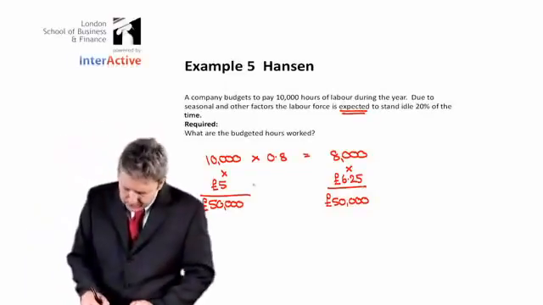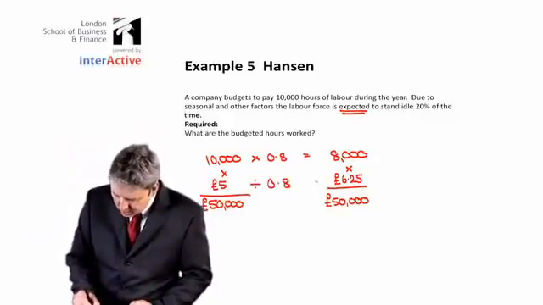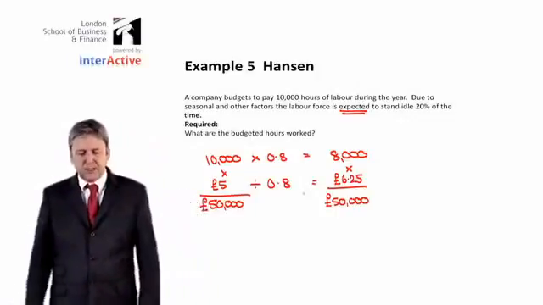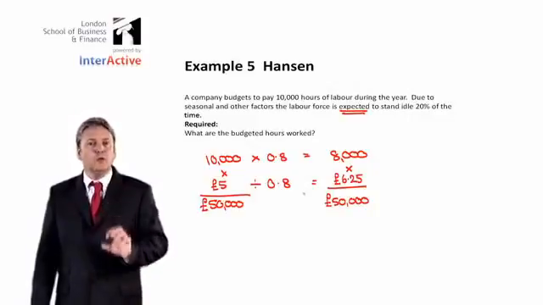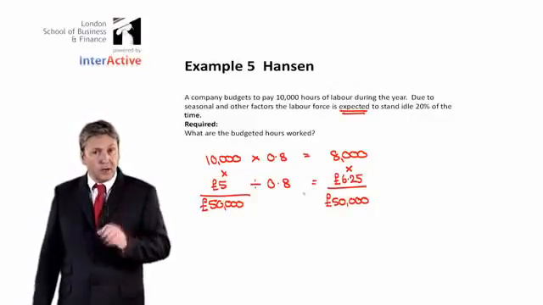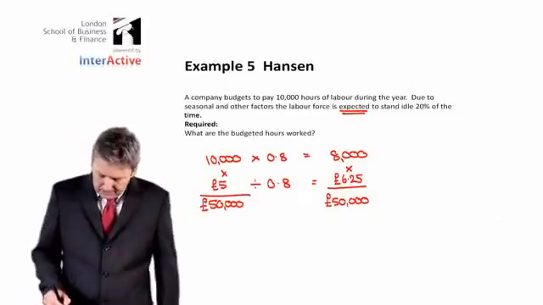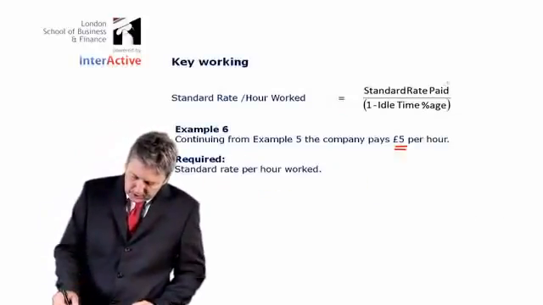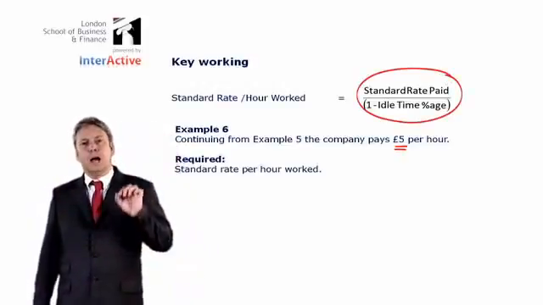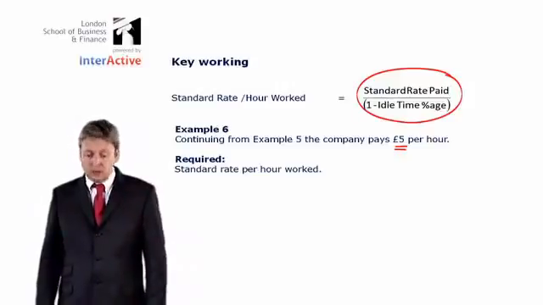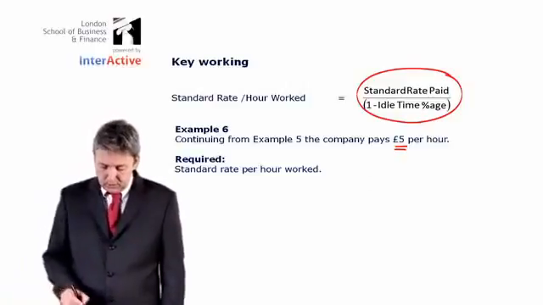In simple terms, what we're saying is that if we're going to say we lose 20% of our time, we will have to divide through by 1 minus that amount to make sure that we recoup the total amount over the reduced number of hours. So, what we have to remember is to do this key working. The standard rate per hour worked is going to be the standard rate paid over 1 minus the idle time percentage.